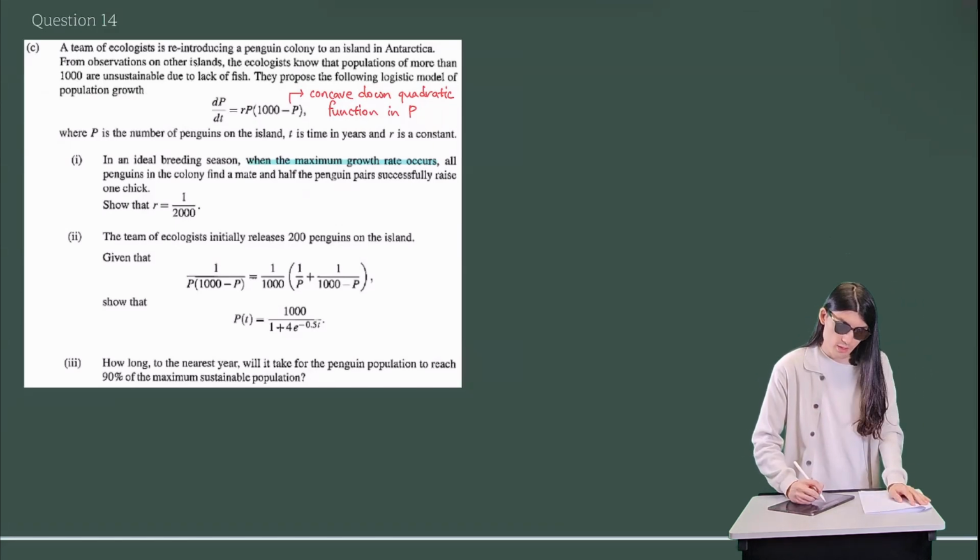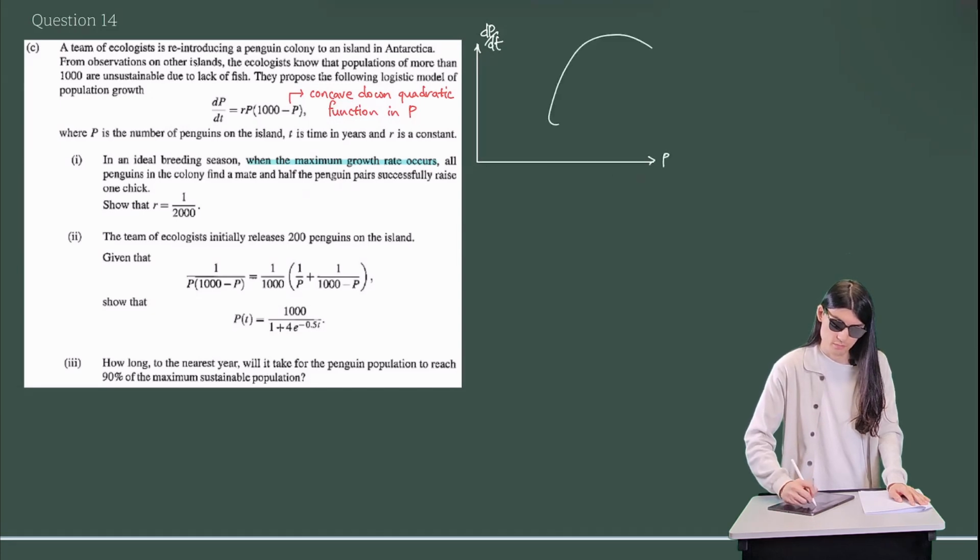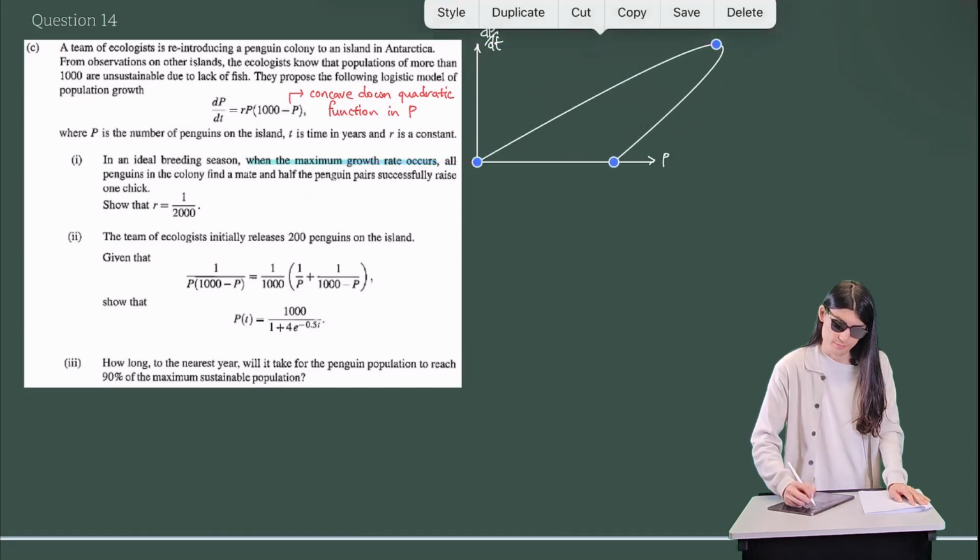Meaning what? If I were to sketch the graph of the growth rate dP/dt against population P, it would look like this.